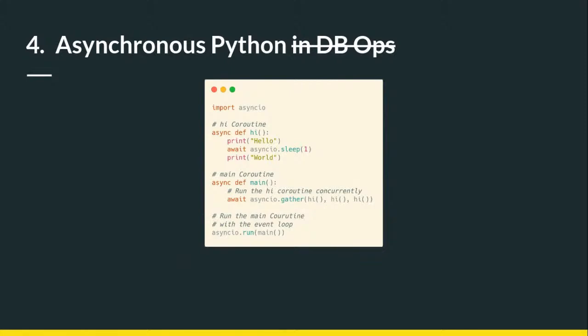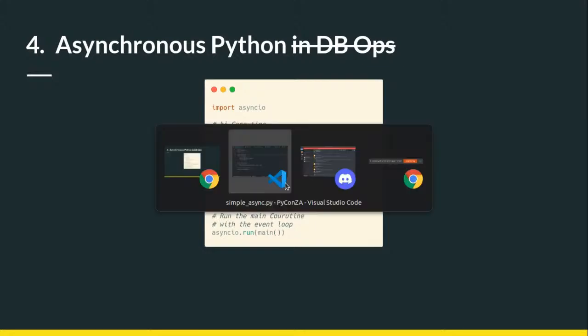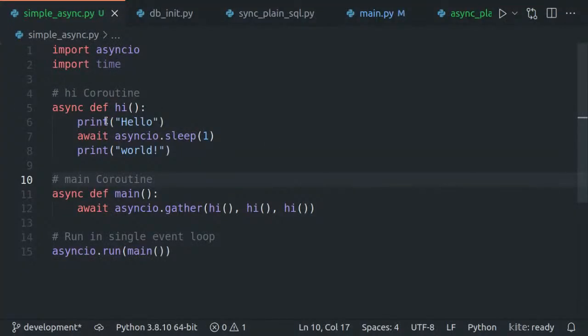Okay, this is asynchronous Python, ideally. Let me show you how this code runs in my VS Code. Like this, I have two functions here. Ideally, this is a coroutine, which means a function with async in front of it, like this.